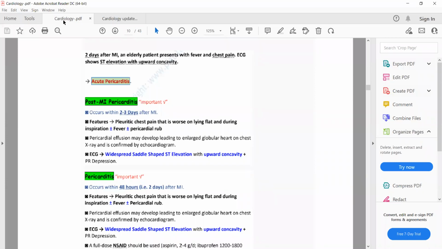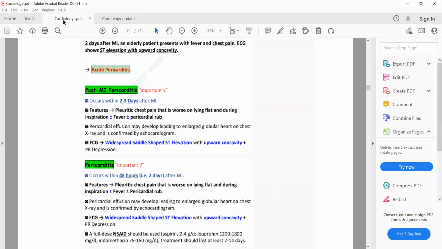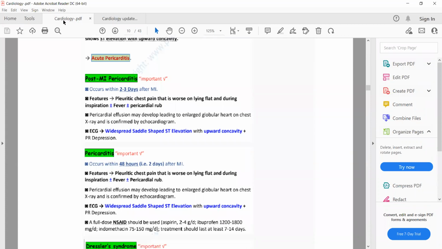What will be the features of pericarditis? The diagnostic sign and symptom for pericarditis is that the patient's pain is worse on lying flat and during inspiration.